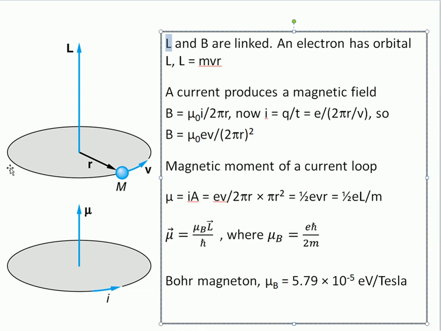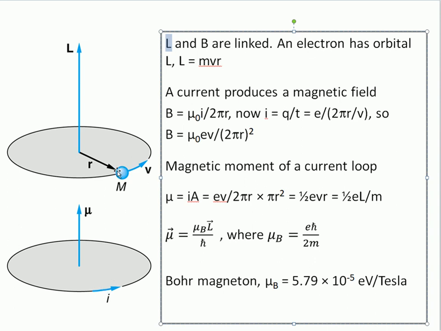Now, if the object is charged, then you have the equivalent of a current going around in this planar circle. And that gives you a magnetic field, which you would have learned in Physics 1220. And Physics 2420, you would have spent some time on that as well.